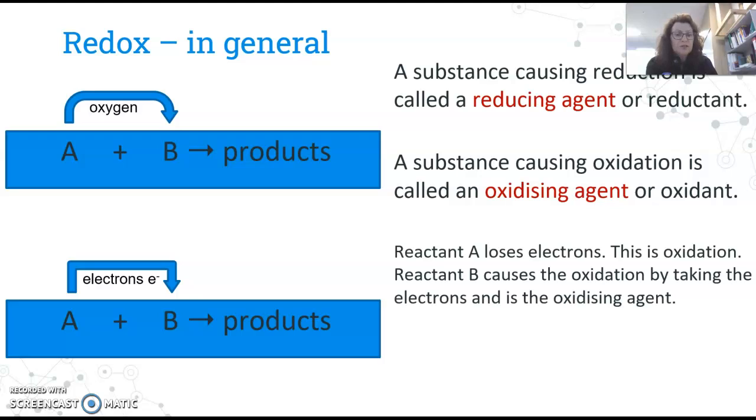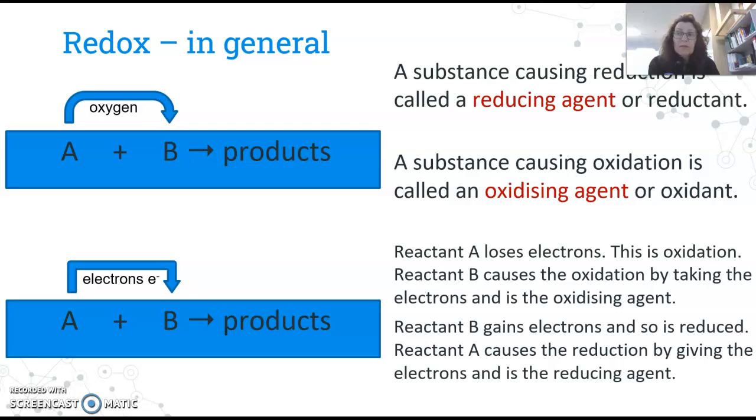So in terms of electrons, reactant A is losing its electrons. So this is oxidation. Reactant B causes the oxidation by taking the electrons and is the oxidizing agent. Conversely, reactant B gains electrons and is so reduced, and reactant A causes a reduction by giving the electrons, the reducing agent. This is a little confusing. You will need to try and remember it.